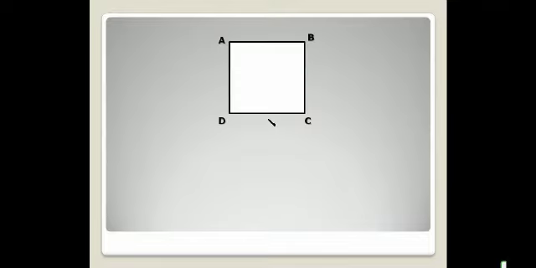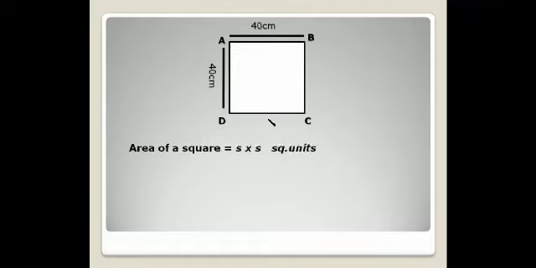Now we'll do the next example. That's a square. To find the area of the square. The four vertices are A, B, C, D. The measurement is 40 centimeters. All the four sides of the square are equal. So all the four sides will be 40 centimeters. So area of the square is side into side square unit.